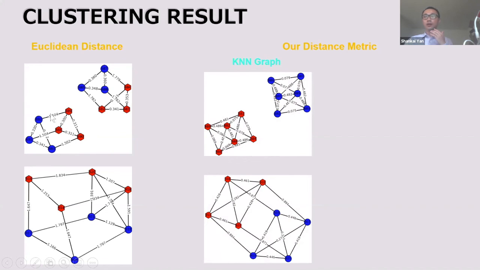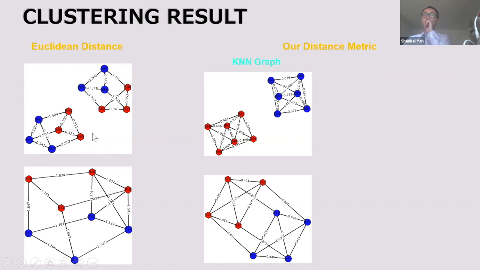The red, I think, represents the positive samples. And initially, if you just use the Euclidean distance like this, you can see that it's very difficult to split these groups into clusters, because the weights of the edges are quite close, and it's hard for the clustering methods to conduct the clustering.